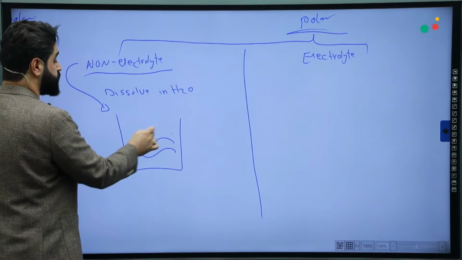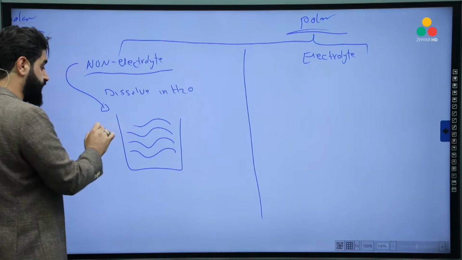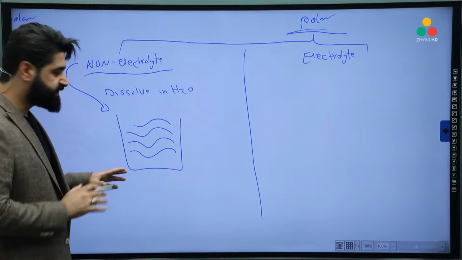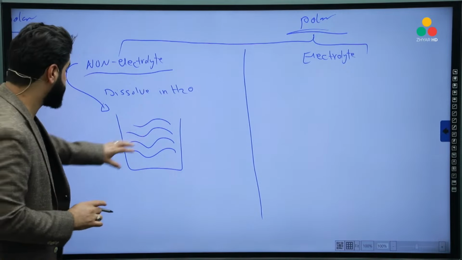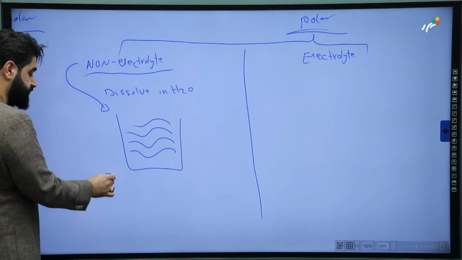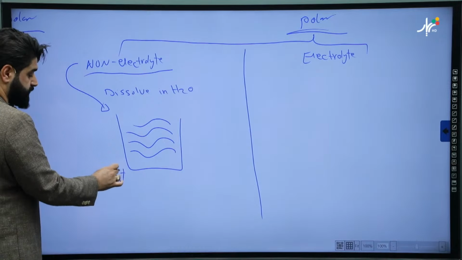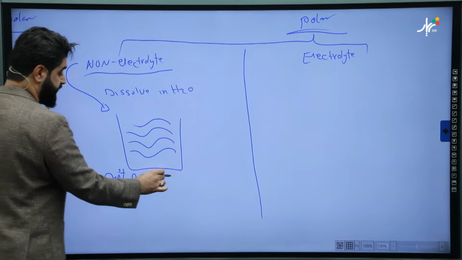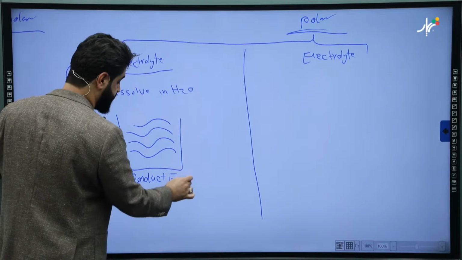This is an aqueous solution of a non-electrolyte. And now if we apply a system to check its conductance ability, it cannot conduct electric current.